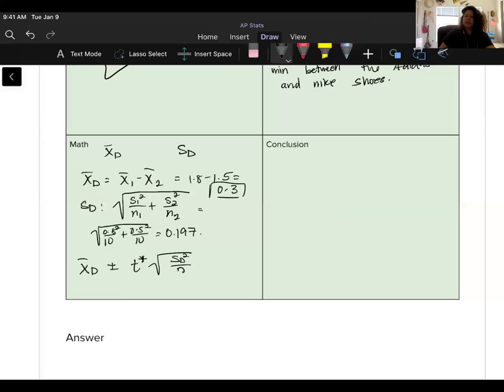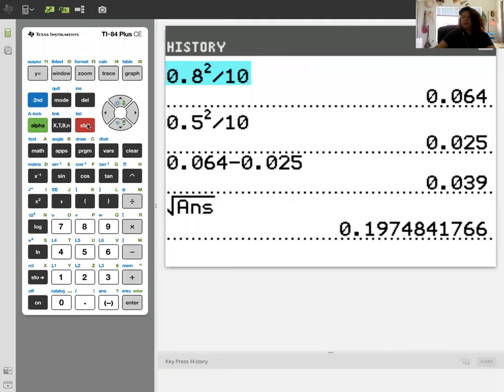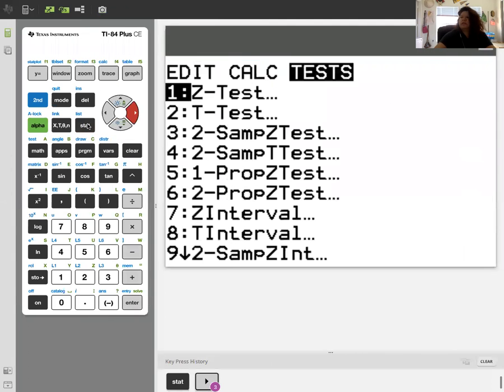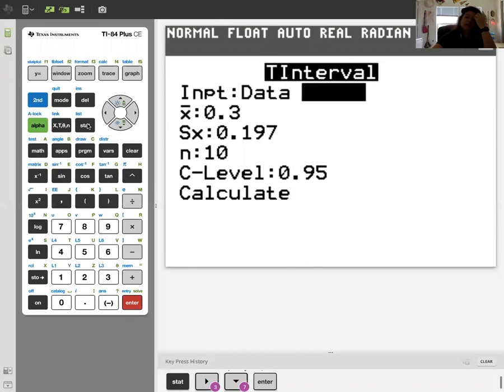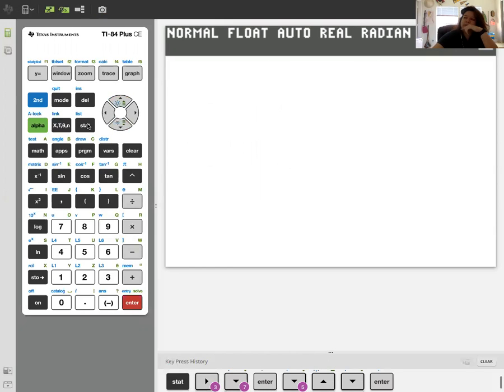I'm just going to put this into the calculator. So I'm going to go to stat, test, t-interval, because remember this is a one sample t-test because we're doing a difference. I have 0.3, 0.197, sample size is 10, and my 95% confidence level.